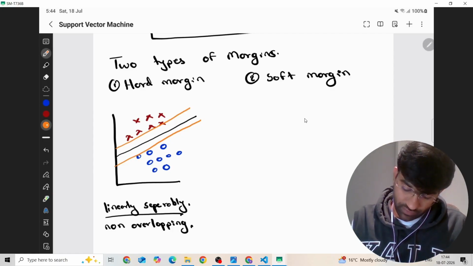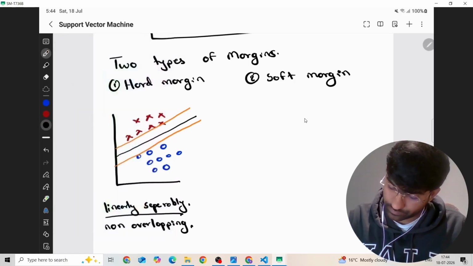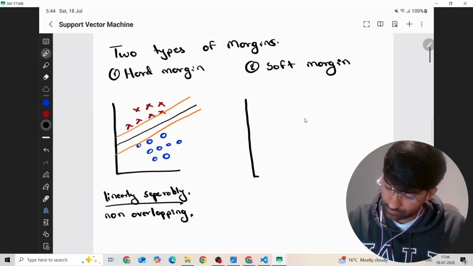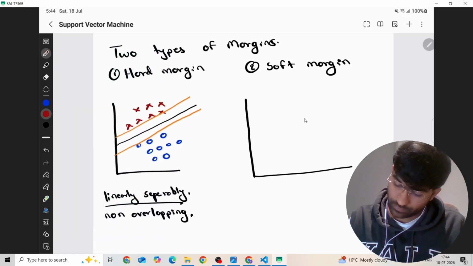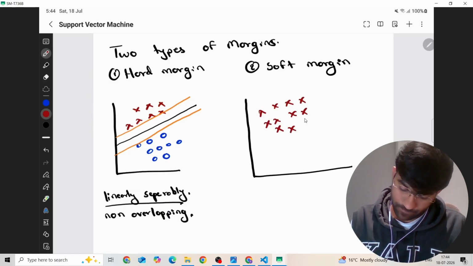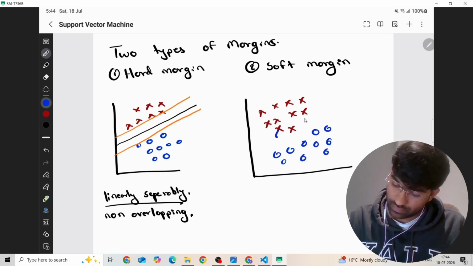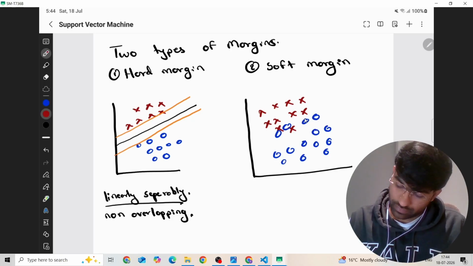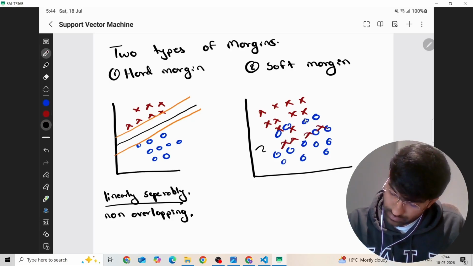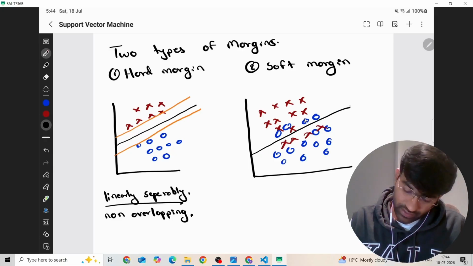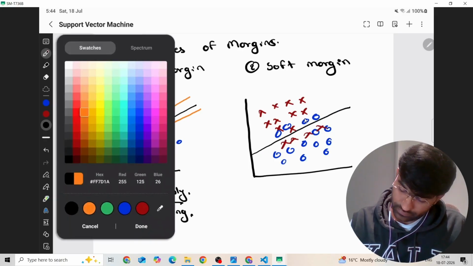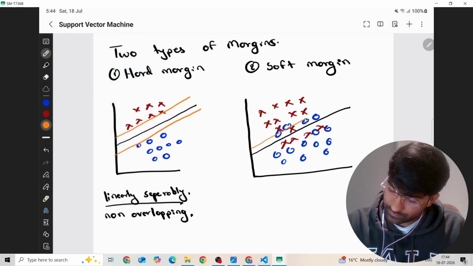Then what is the soft margin? See, this is our best fit line, and these are the margins.